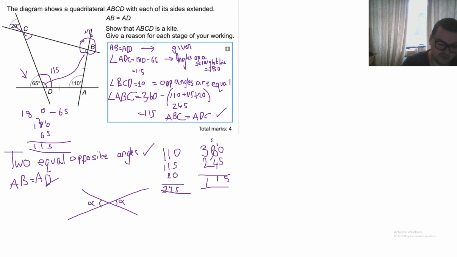And that's what we wanted to prove. We wanted to show that there were a pair of equal sides that meet, and the question does that for us. And we wanted to show that there are a pair of unequal angles and a pair of equal angles, and we've done that as well. So that's that question finished. We can go on to the next question.